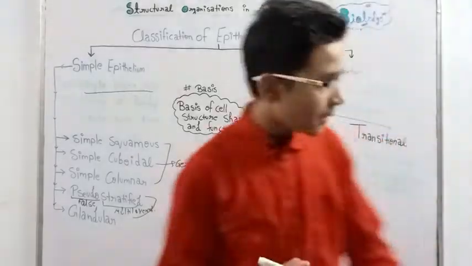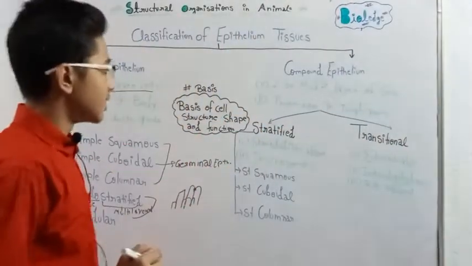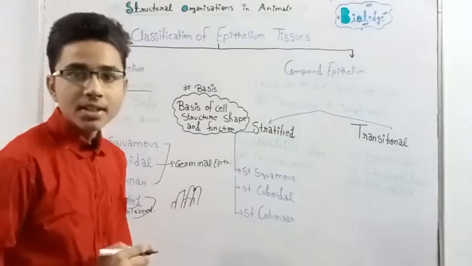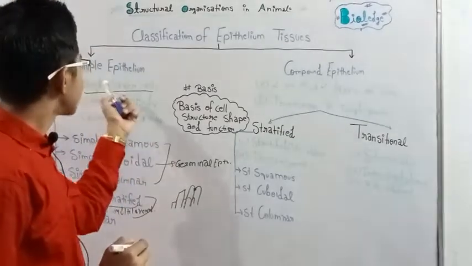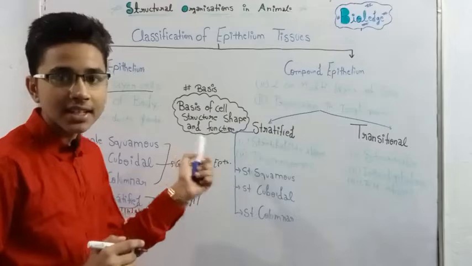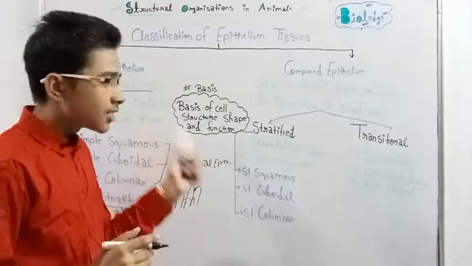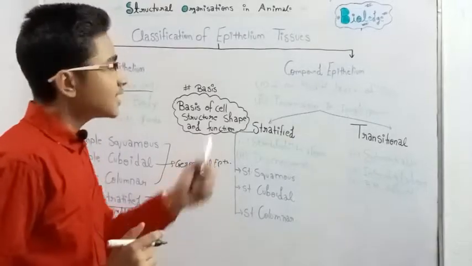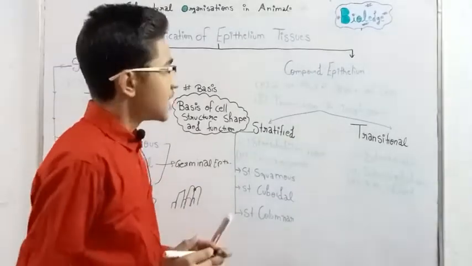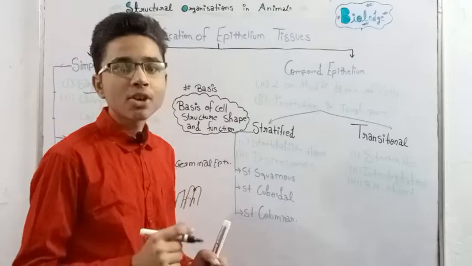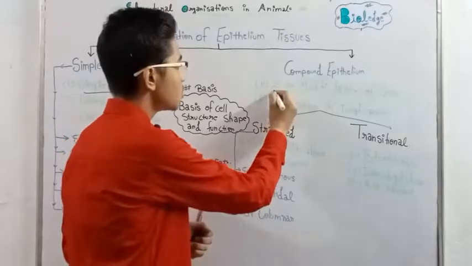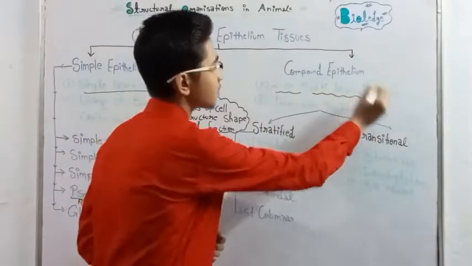Another part we have is the compound epithelium. Another important point, guys, is that we have classified the simple epithelium on the basis of cell structure, function and shape. Next we have the compound epithelium. As the name suggests, they are complex in nature. So they have two or more layers of cells.